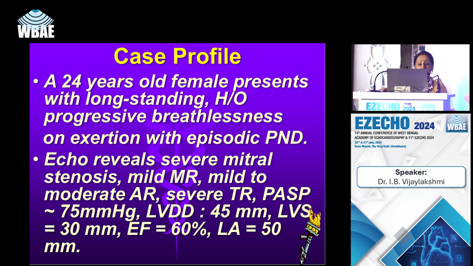Echo reveals severe mitral stenosis, mild mitral regurgitation, mild to moderate AR, severe tricuspid regurgitation, and the PA pressure is more than 75 millimeters of mercury. LVDD is 45 and LVS is 30, that means a good ejection fraction of 60%, but the LA dimension is more than 50. So this is the scenario.